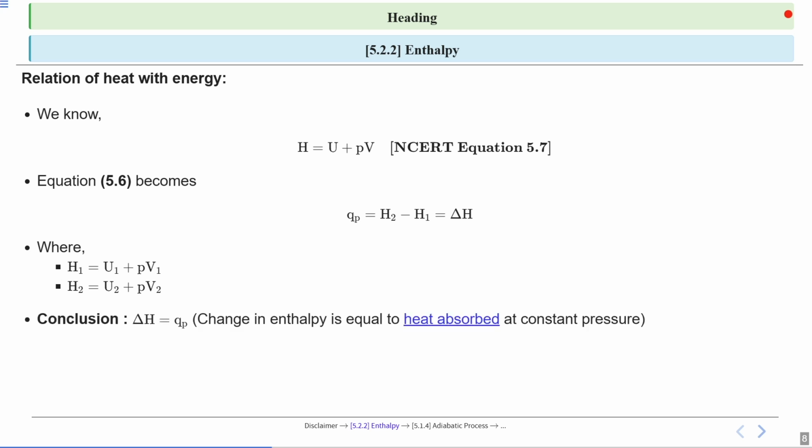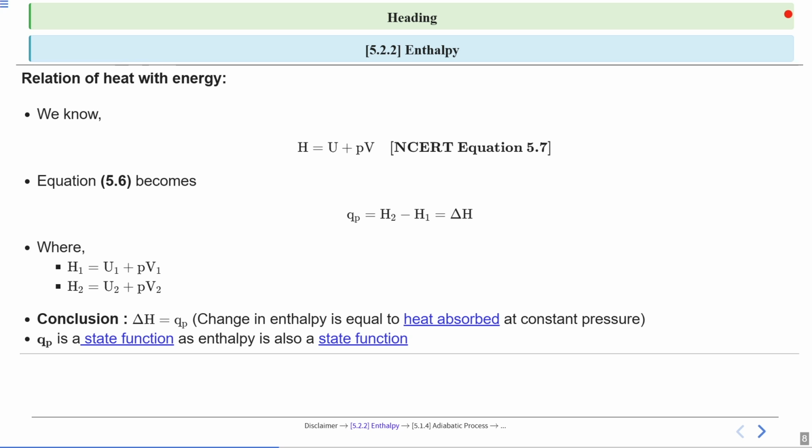So what can we infer from here? We can infer a very important relationship between the heat change and the enthalpy. The heat change at constant pressure will be equal to the enthalpy change. This is very, very important and it is applicable only at constant pressure.